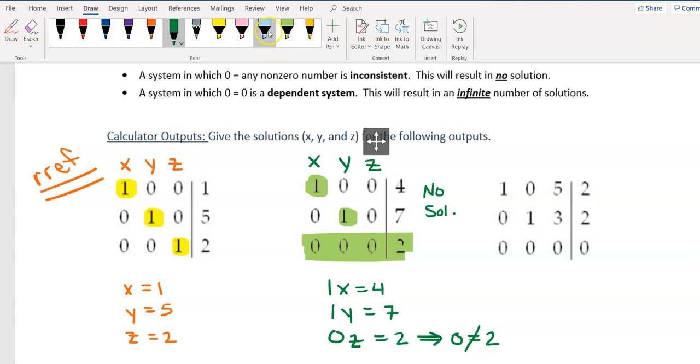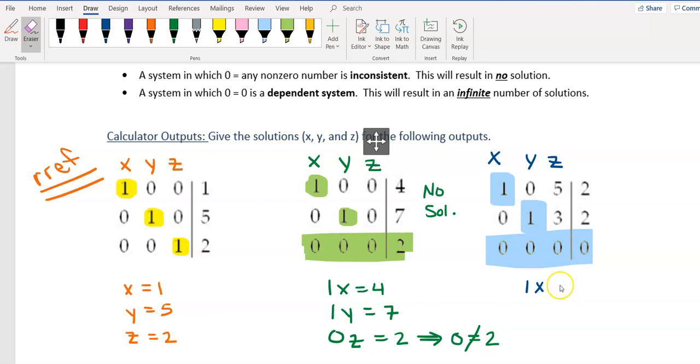The last example I have for you is when you have your something for your x and your y, but the last row goes to 0. And this is going to be an example of an infinitely many. So our x, our y, our z. So it's telling me that 1x plus 5z, notice we have the z there, okay, that has a value, is equal to 2.